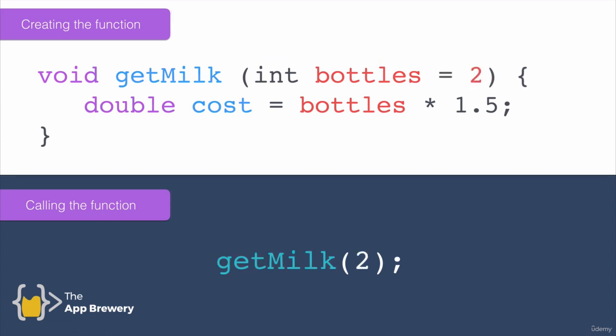So when we call getMilk, passing in the input of 2, it's almost like we're creating a new variable that is of data type int. It has a name of bottle and it has a value of 2. So now inside the curly braces of this function, we get to use this new variable, including to calculate the cost or do whatever we will with that input.